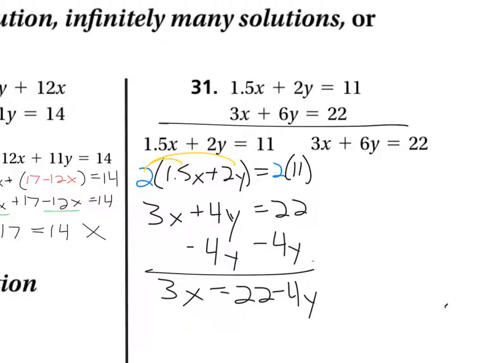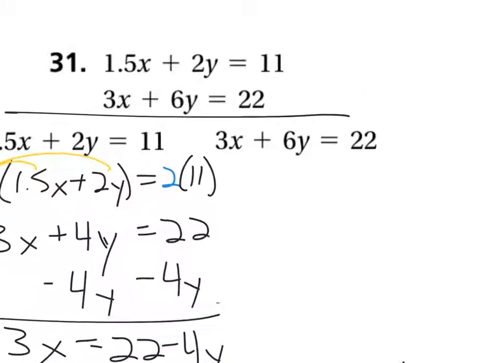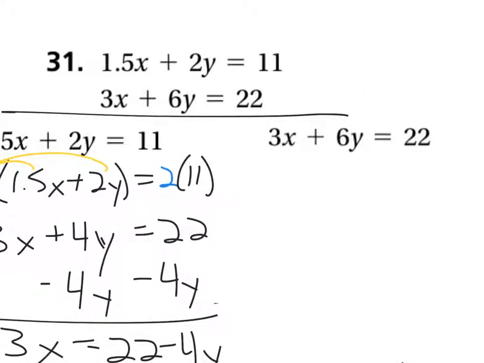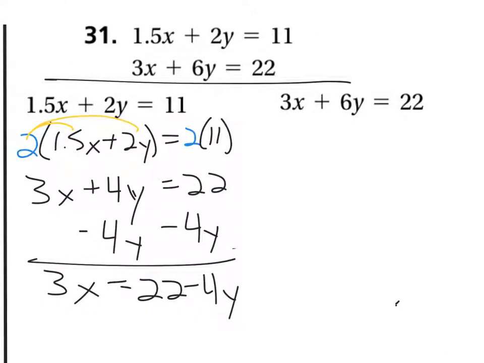And notice that there's a 3x there, so where I see it over there, I can actually just substitute it with what it's equal to. Okay? So, zoom in here a little bit. I know that 3x is equal to 22 minus 4y.